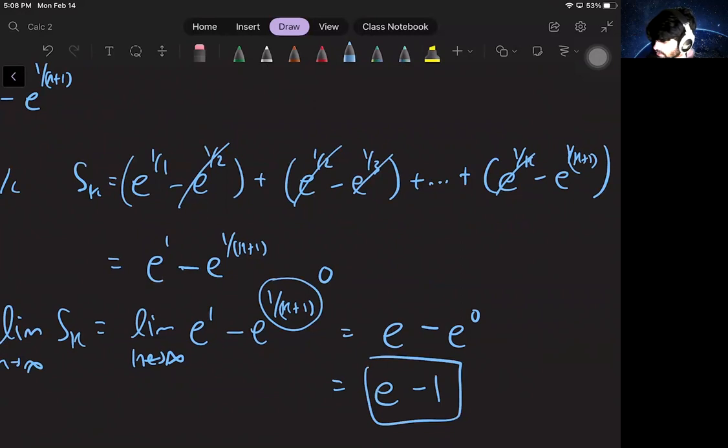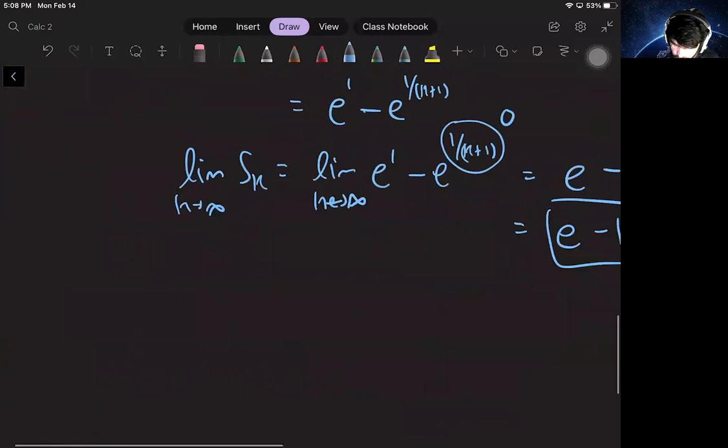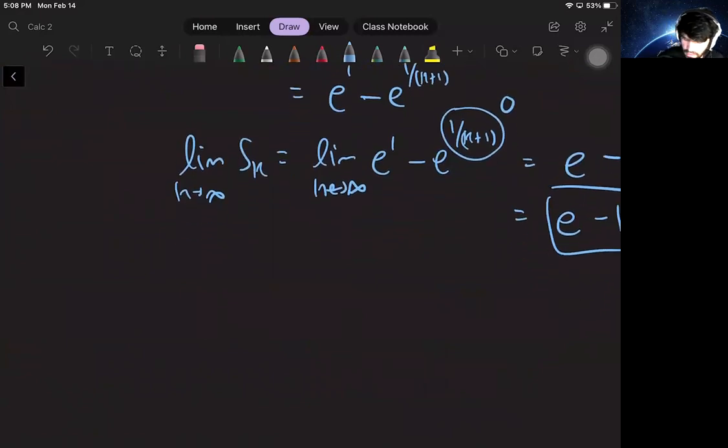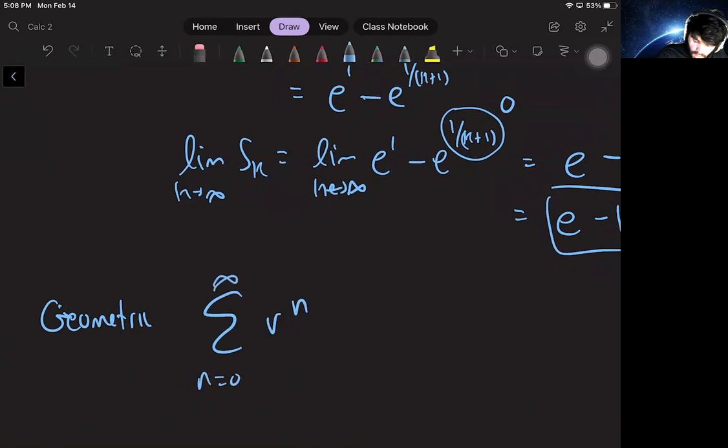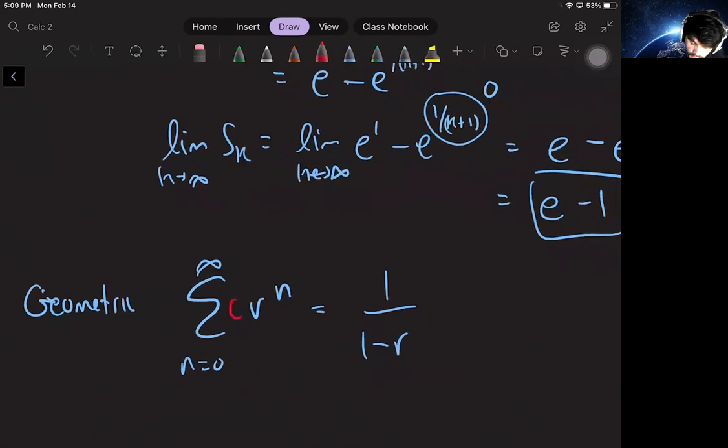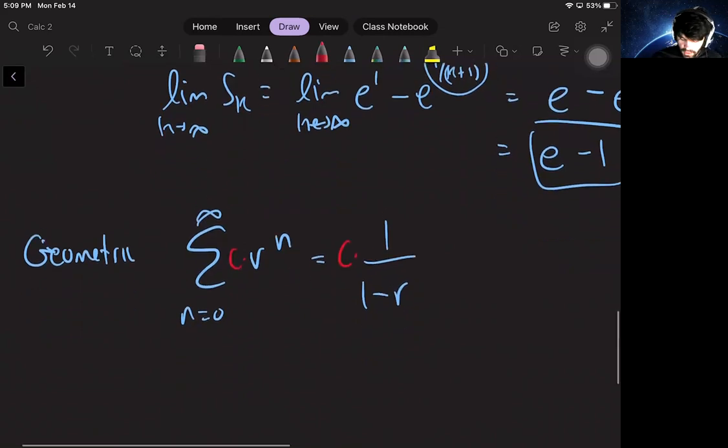Okay, so you can see that there's a very distinct form for these guys. So we have two types now that we can sort of break things into. We have geometric, which look like a number to the nth power, and you can explicitly calculate the sum using this formula, and there might be an extra number here sometimes that you call C, but then you would just multiply by C. So if it looks like that, you can do it.